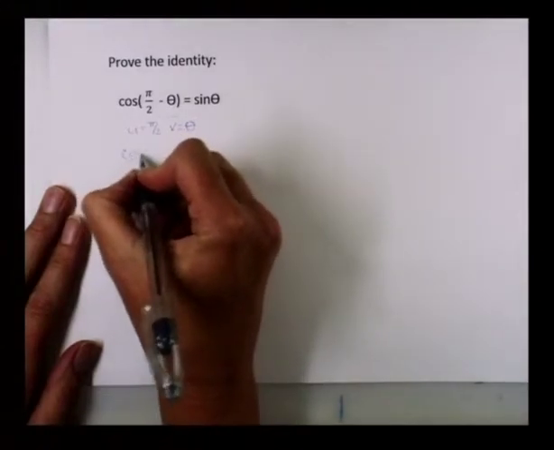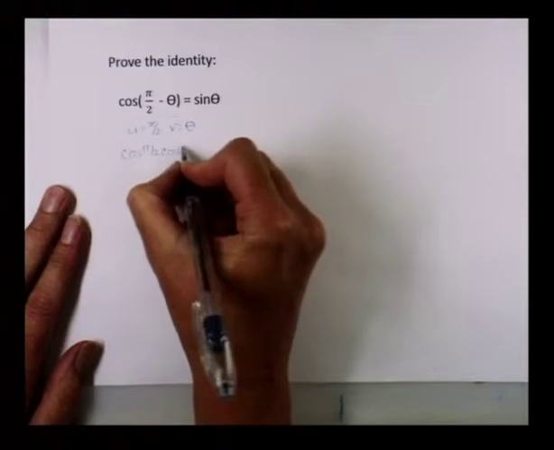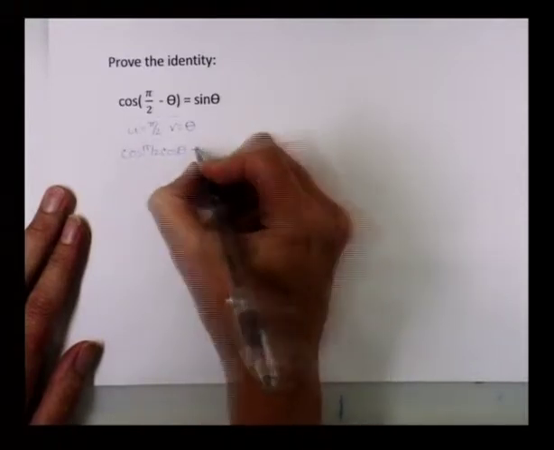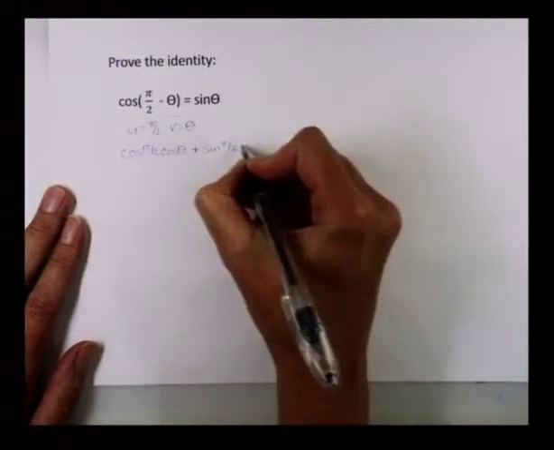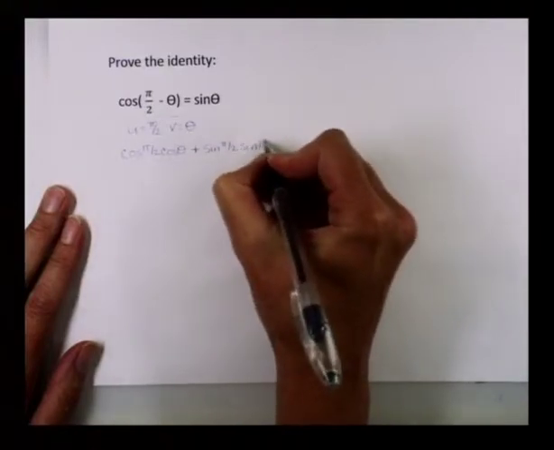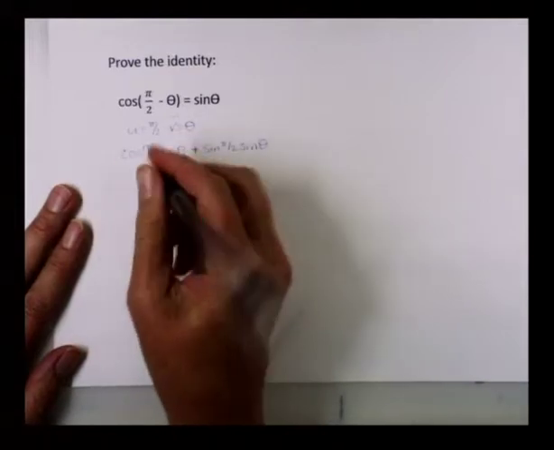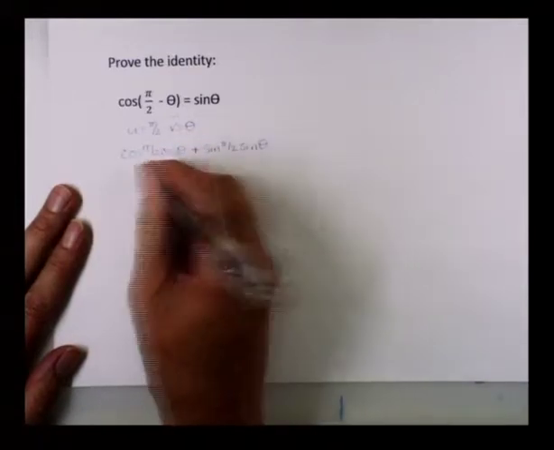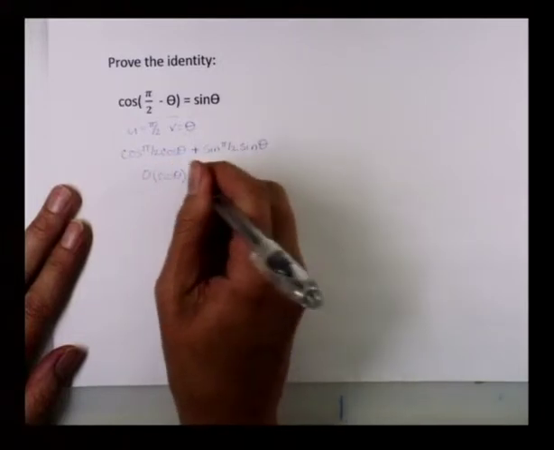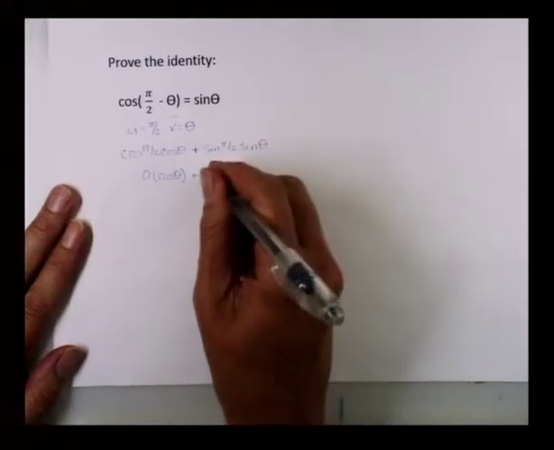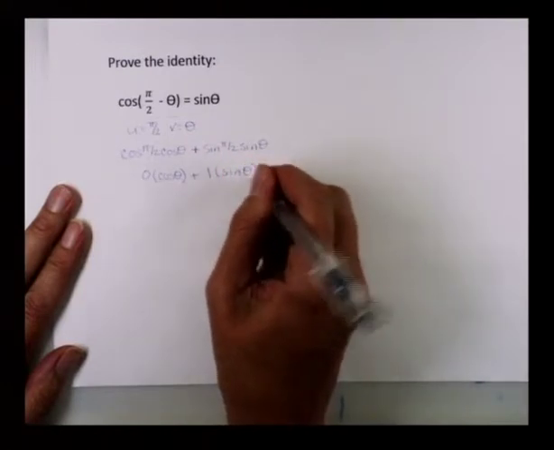So I have cosine pi over 2 times cosine of theta plus sine of pi over 2 sine of theta. Cosine of pi over 2, we should know this to be 0, times the cosine of theta plus the sine of pi over 2, which we know is 1, times the sine of theta.